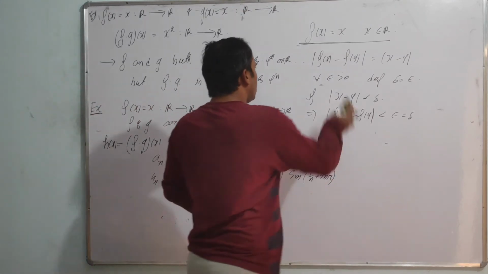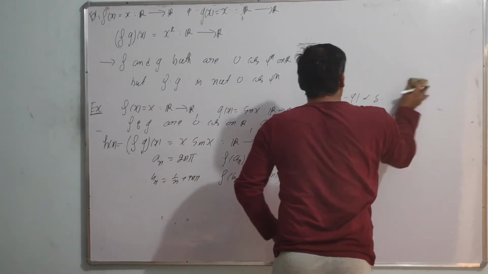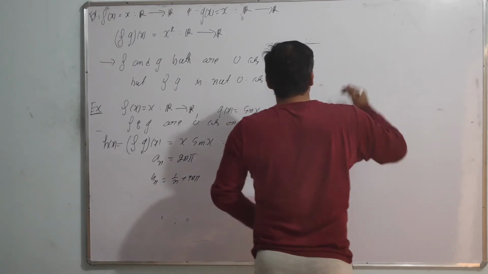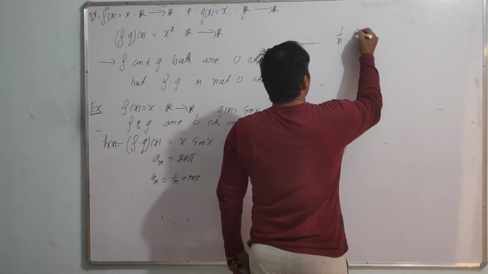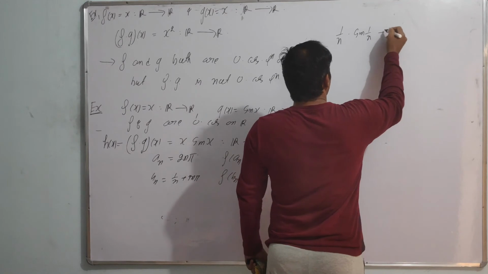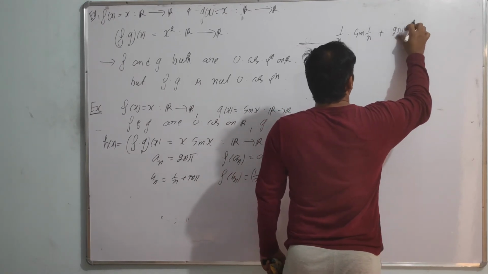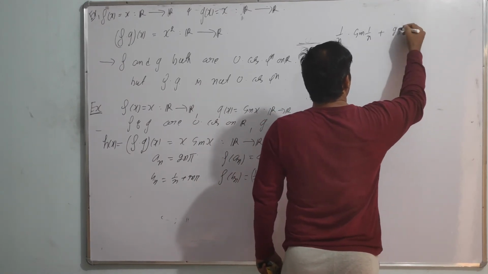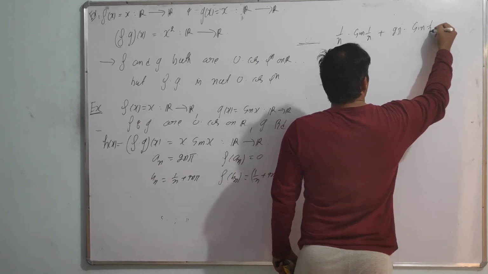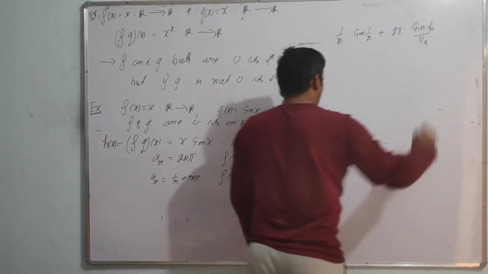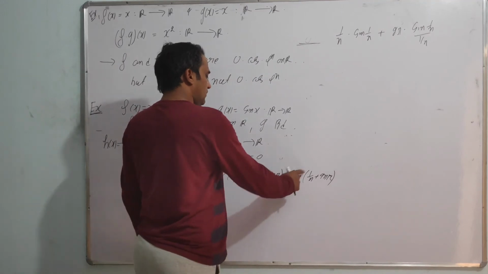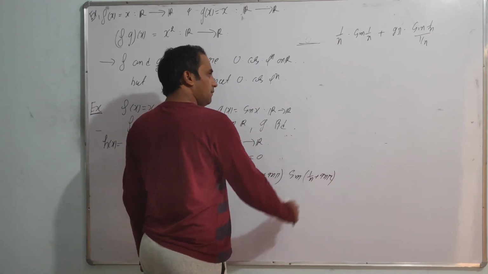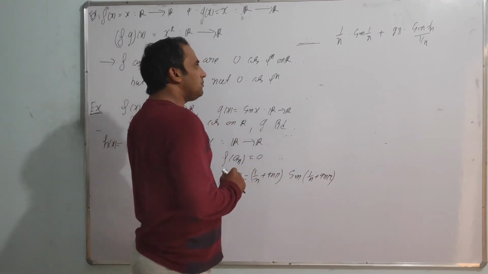If you simplify this, h(b_n) is n outside, times sine(1/n) upon 1/n, plus the other term. Simply, sine(1/n plus 2n pi) is sine(1/n), and just separate these terms.